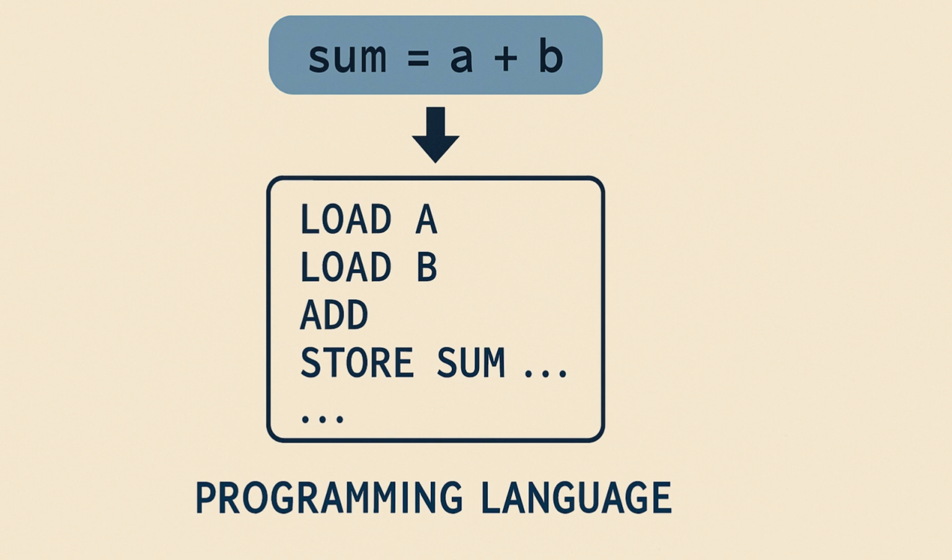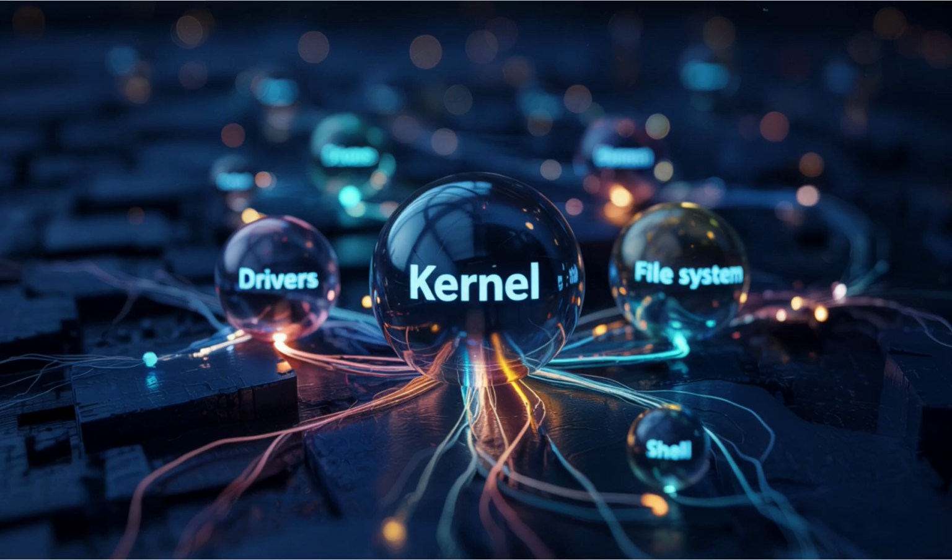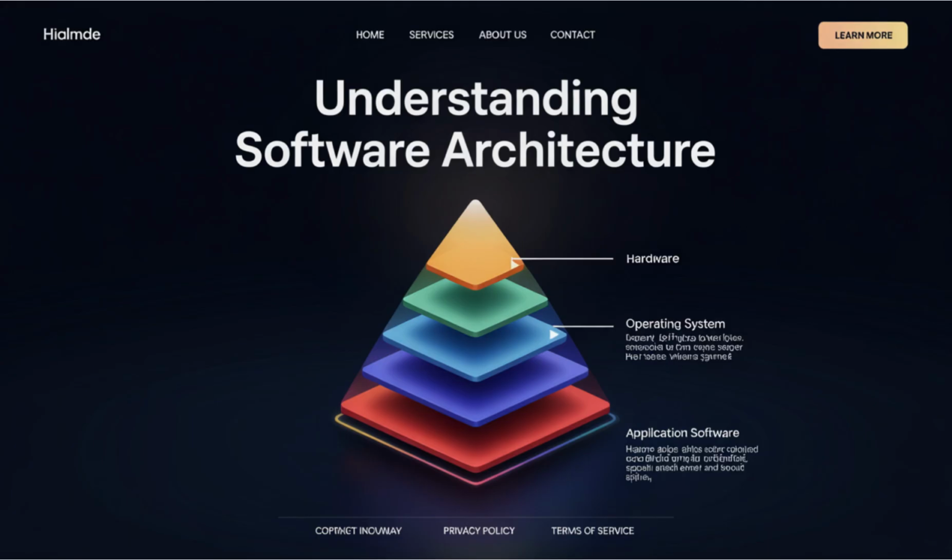Higher level programming languages like Python, JavaScript, or C++ allow programmers to write in more human-readable terms. A single line of these languages might compile to dozens of machine instructions. The operating system, like Windows, macOS, or Linux, provides critical software services that manage hardware resources and provide consistent interfaces for applications, and it handles tasks like managing memory allocation, scheduling which programs get CPU time, controlling access to storage, standardizing input-output operations, and so forth.